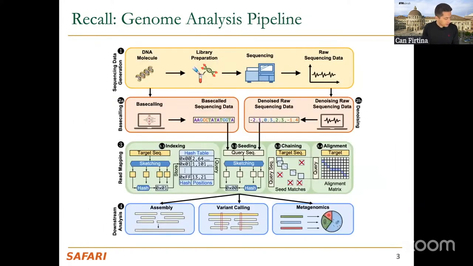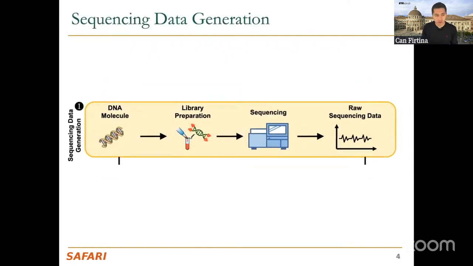So this is the pipeline that we showed earlier, and we stated that we would be covering almost all the steps in the pipeline throughout this course. And we will start with the step of converting the DNA molecule to the digital format so that we can analyze it.